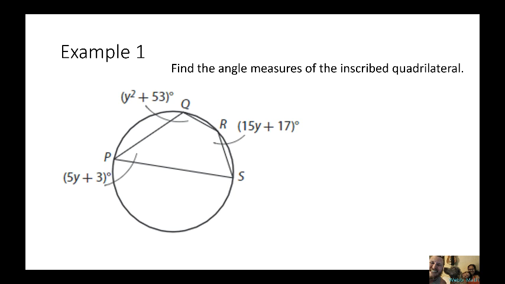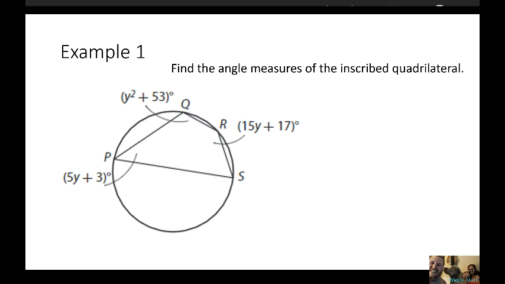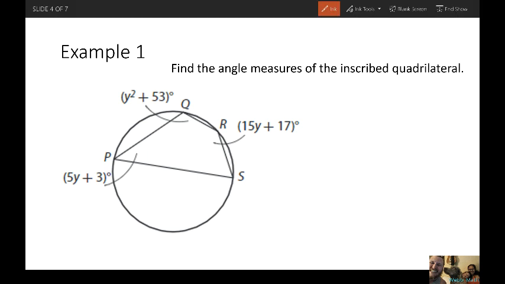All right, example 1, find the angle measures of an inscribed quadrilateral. So here we are. They give us angle P, and they give us the opposite, which is angle R. And we know that angle P plus angle R have to equal 180, right?